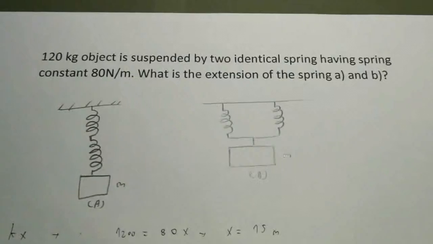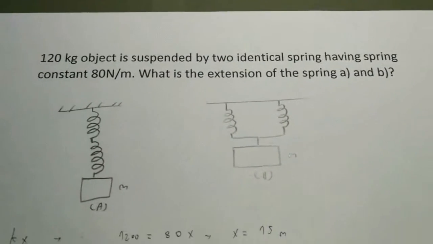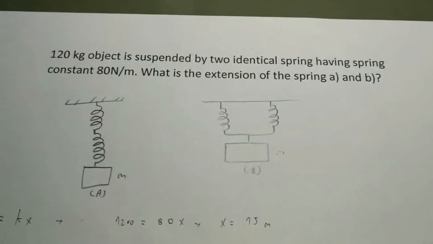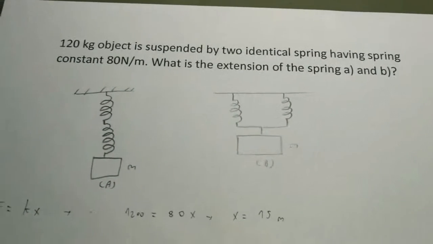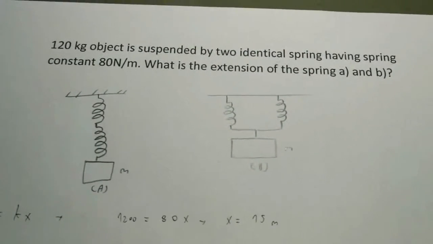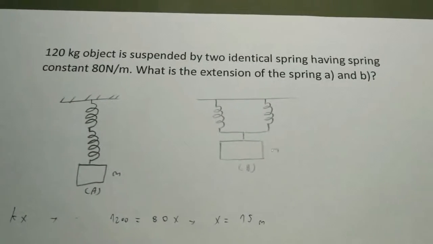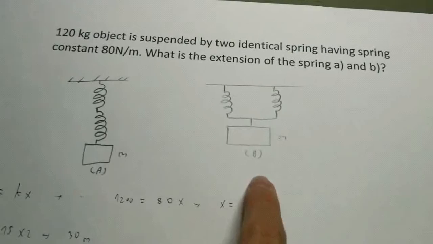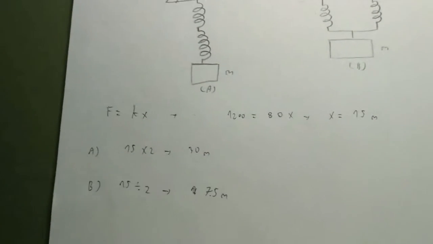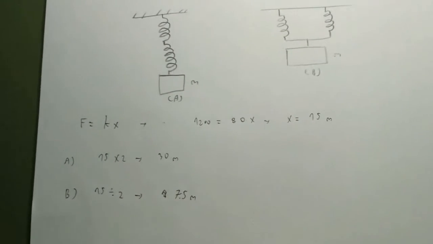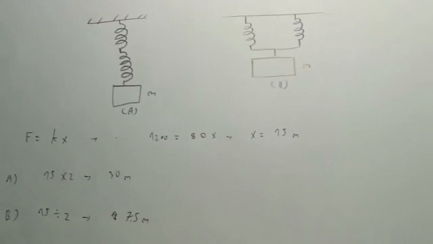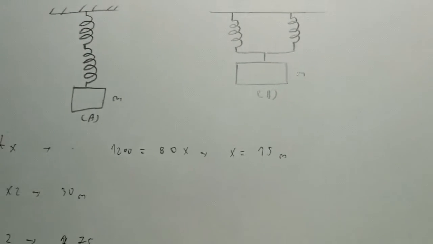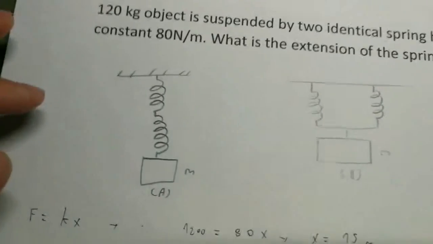A 120 kg object is suspended by two identical springs having spring constant 80 Newton per meter. What is the extension of spring A and B? F equals kx, so x is 15 meters, but that is only for one spring.